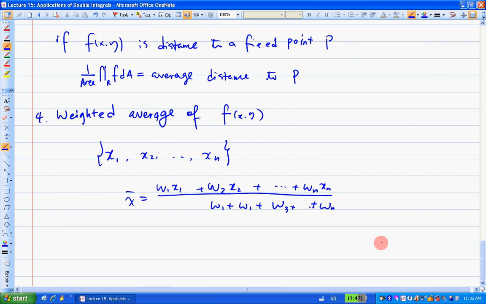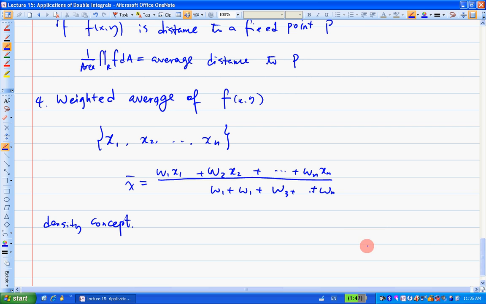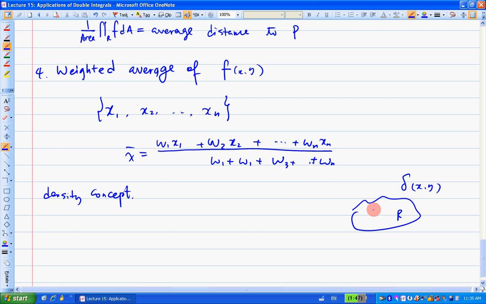Now if I apply this idea to the weighted average of function f, what do we do? Basically, I'm going to use the density concept. You have a region R, and there is a different density at a different location on the region R. If I take a small area delta A, there's an associated density delta.